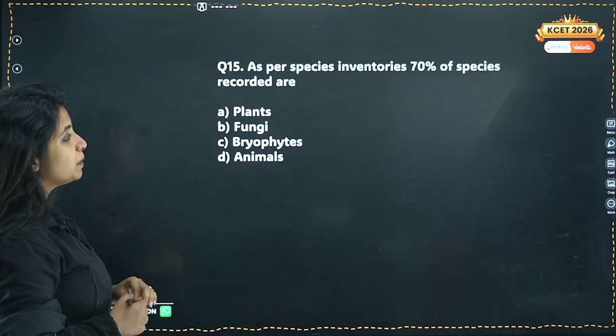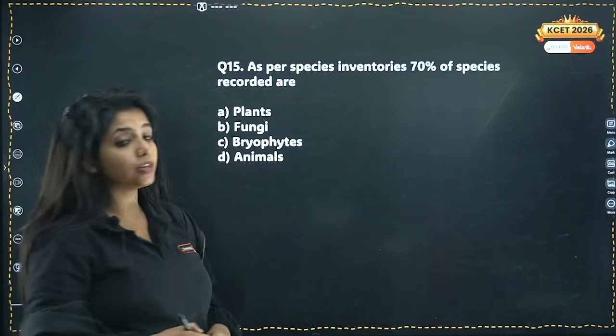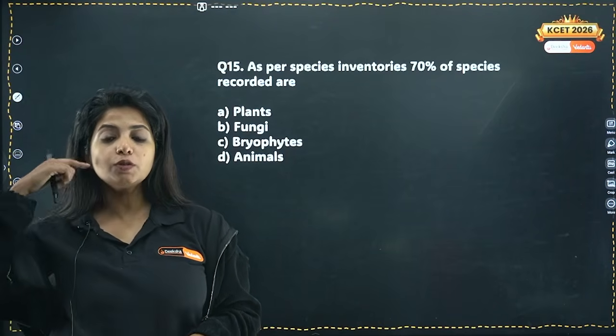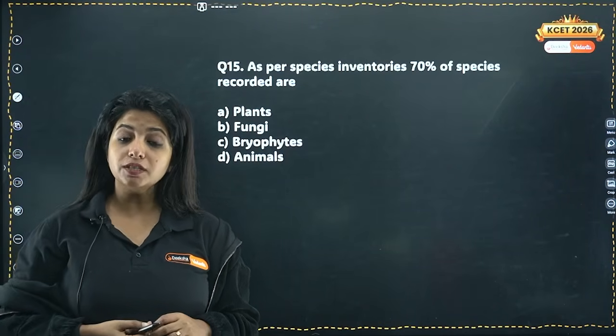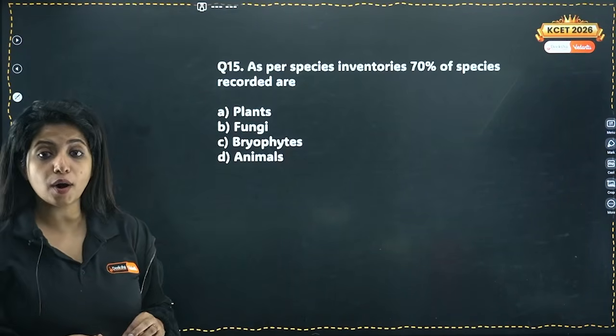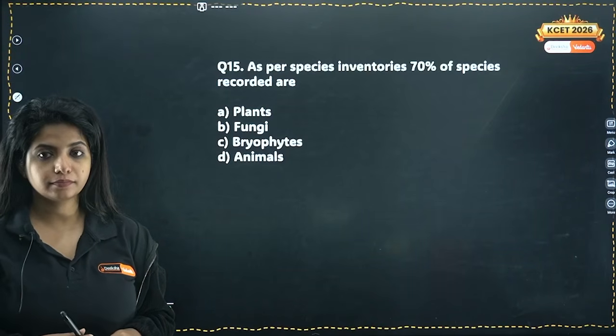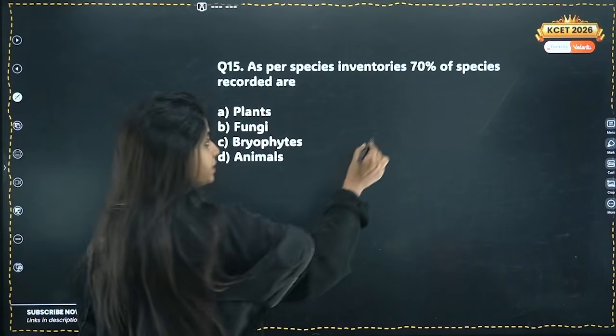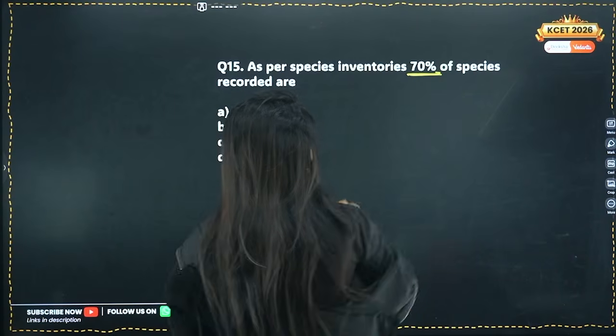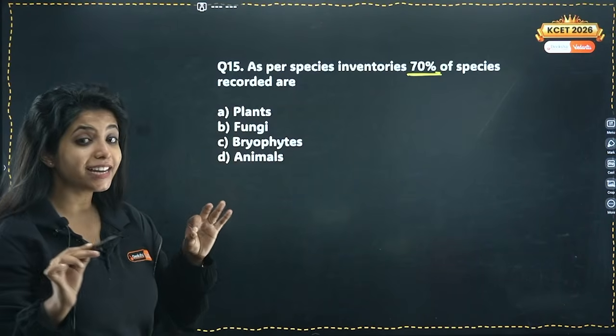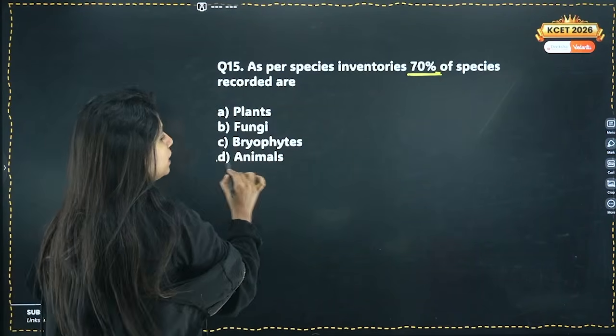Next, as per species inventory, 70% of species recorded are. As per the species inventories, 70% of the species recorded are what? Plants, fungi, bryophytes or animals. 70% of the species, the highest organisms out there, it will be animals.